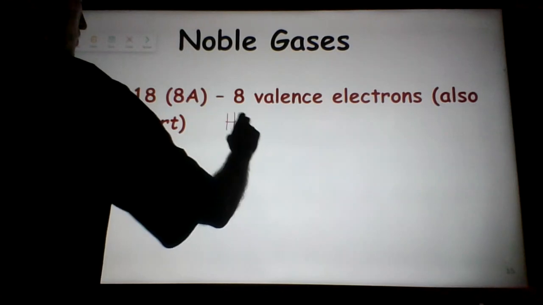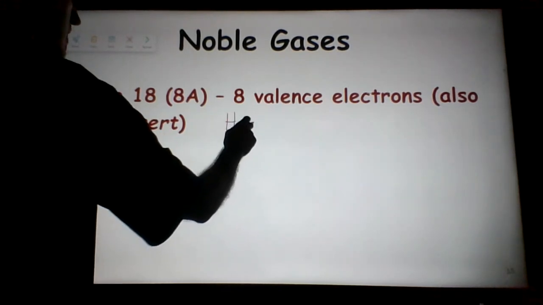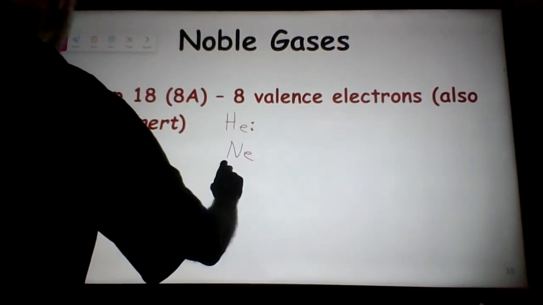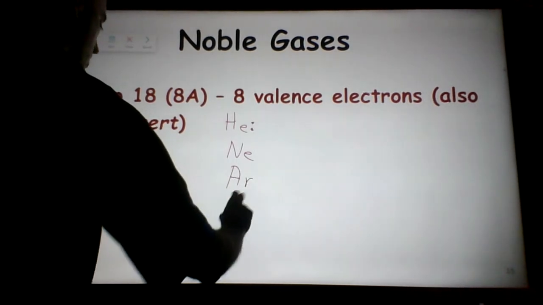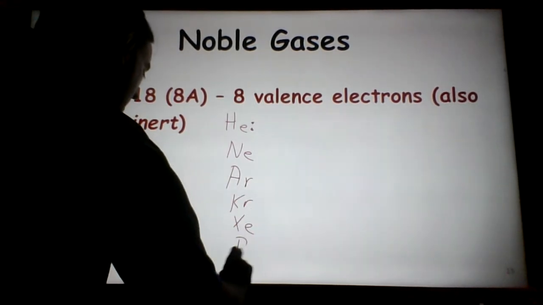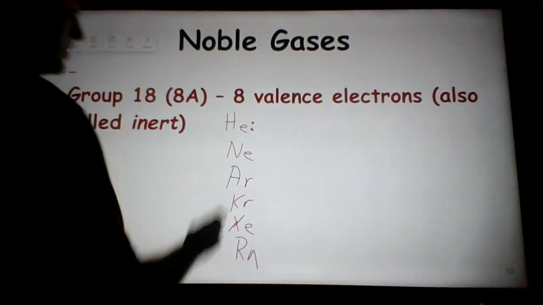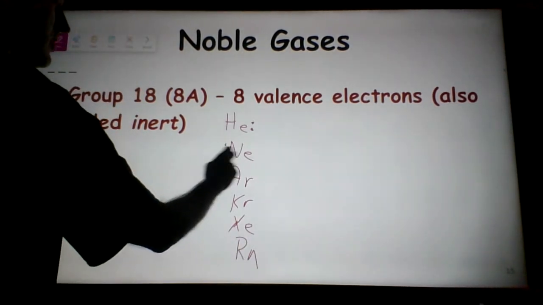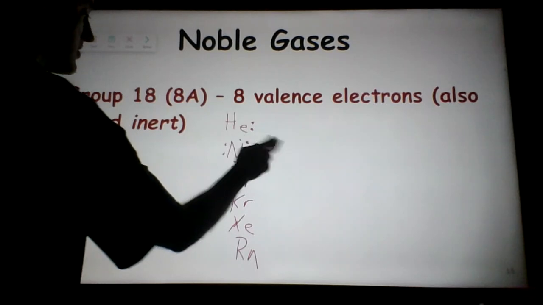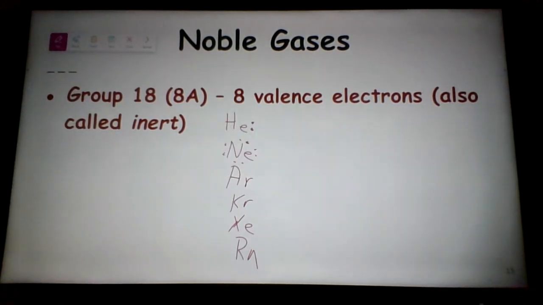Helium, we told you before, has just the 2 valence electrons. And then we have neon, followed by argon, krypton, xenon, and then radon, which is actually radioactive. I won't do them for all, but I will for neon. All of these have 8 valence electrons, 8 electrons on their outside energy level.